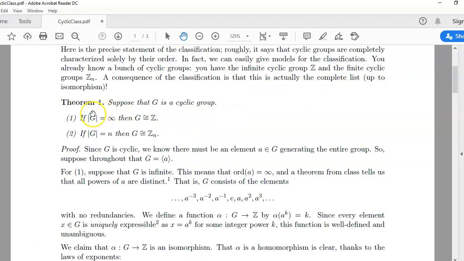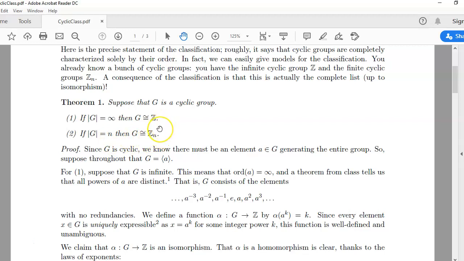The biggest, most important step is Theorem 1. Suppose that G is a cyclic group. I claim that one of two things happens, okay? If G is infinite, then I claim that it must be isomorphic to Z. If G is finite and has n elements in it, so the order of G is n, then I claim that G must be isomorphic to Z mod n. Okay?